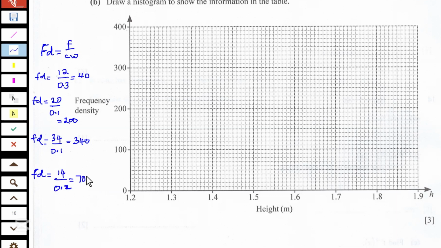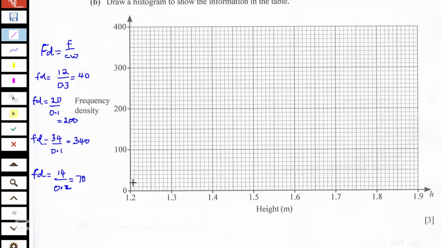Now for the first class interval, which is 1.2 to 1.5, we start drawing from 1.2 with a frequency density of 40. Each of these units represents 10: 10, 20, 30, 40, 50, 60, 70, 80, 90, 100. So the frequency density of the first class interval is 40.